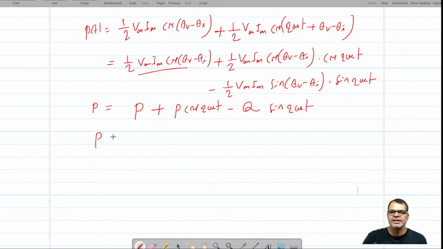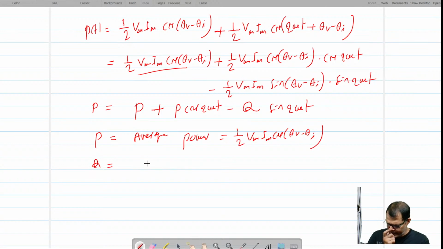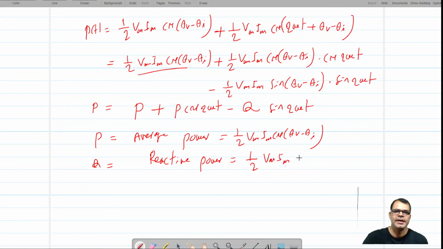What is P? P is the average power, half Vm Im cos(theta V minus theta I), and your Q is the reactive power. Apparent power is the product of V and I, that is volt ampere. So Q is the reactive power, which is half Vm Im sin(theta V minus theta I).